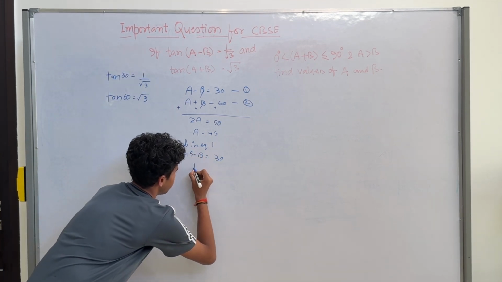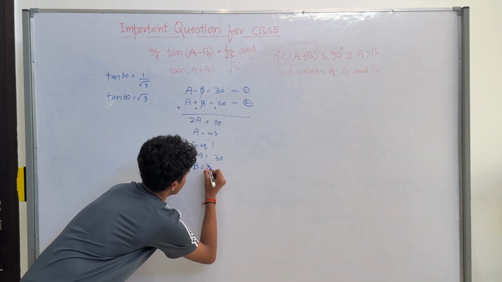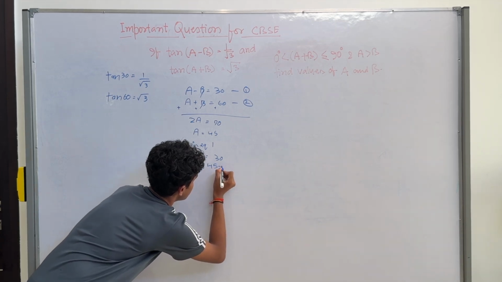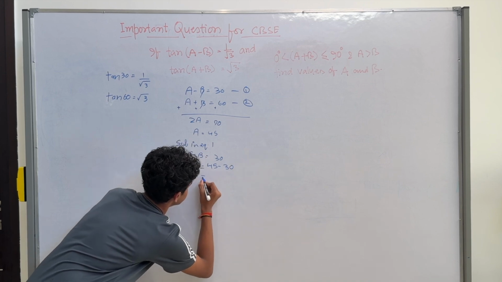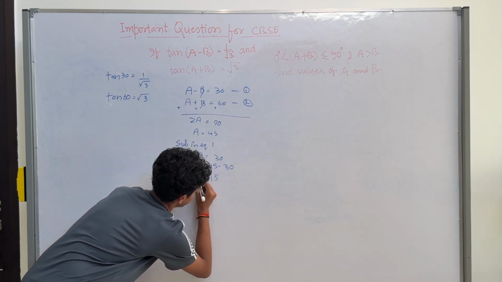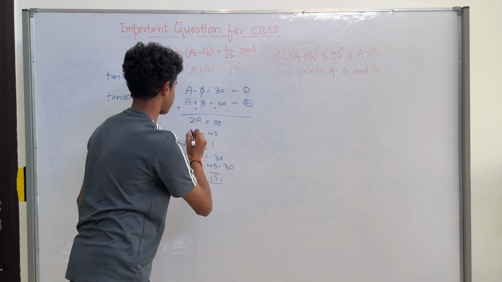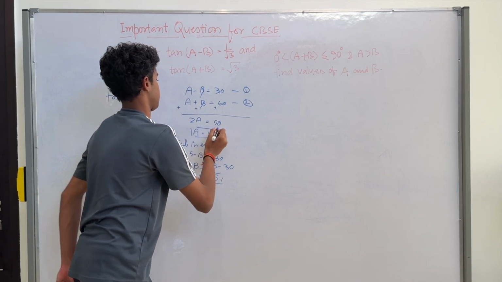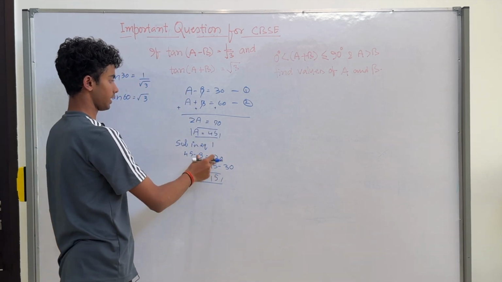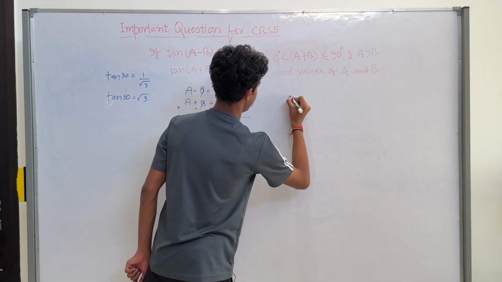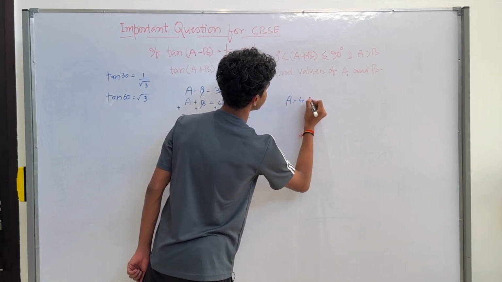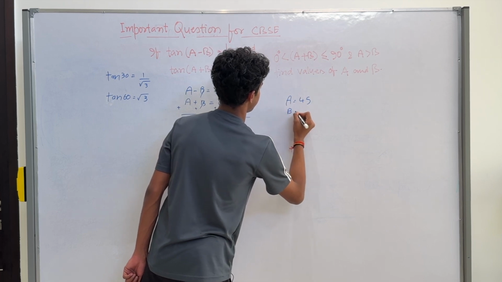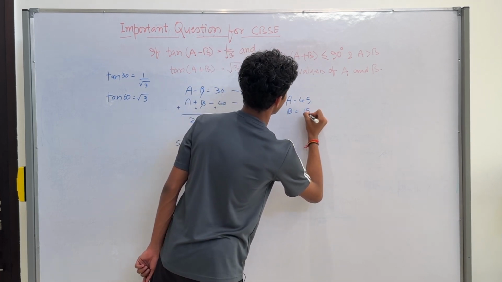So we'll get B is equal to 45 minus 30, which is 15. This is how we got the values of both A and B. Here A is 45 and B is 15.